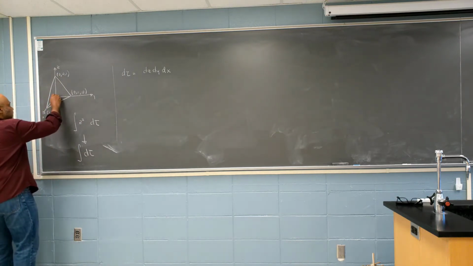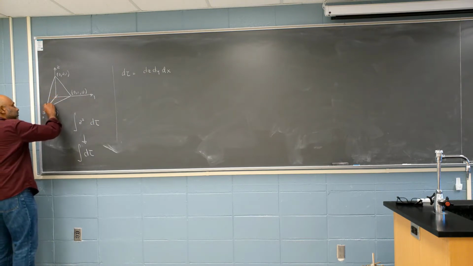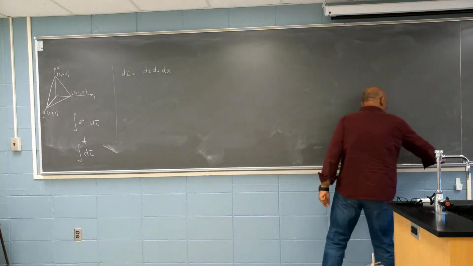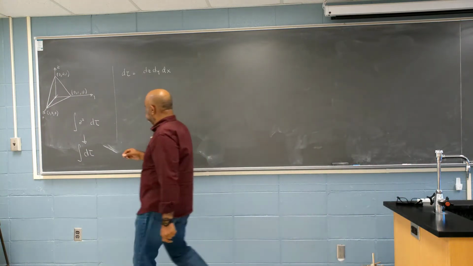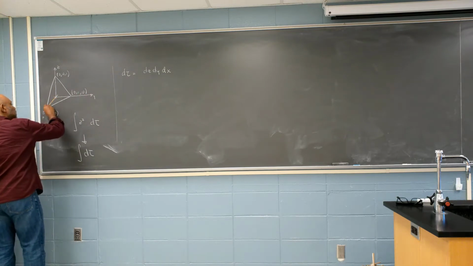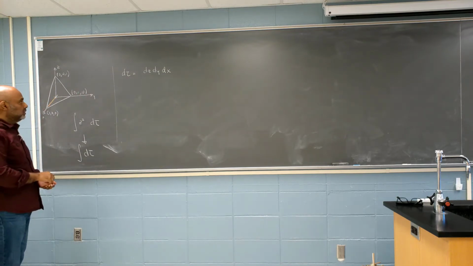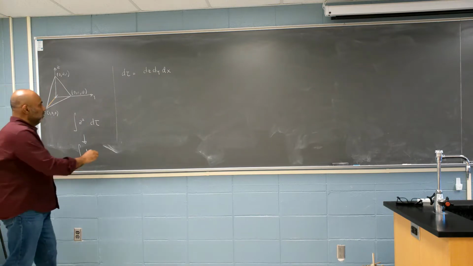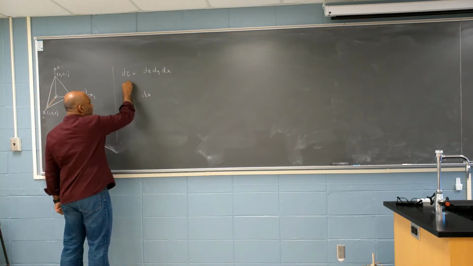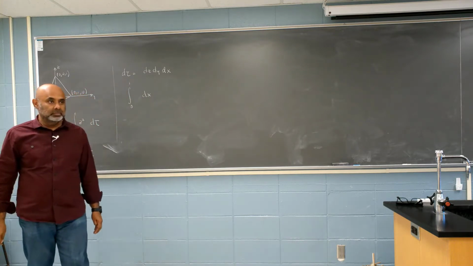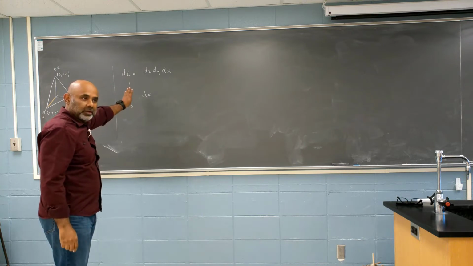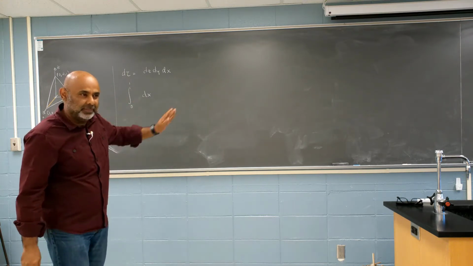So x, I'll make it the independent variable, and I'm going to integrate it all the way from here to here. That's easy. So the x integral is going to be 0 to 1. I'm not doing any integration yet. I'm just writing the limits, and then it's a trivial matter.